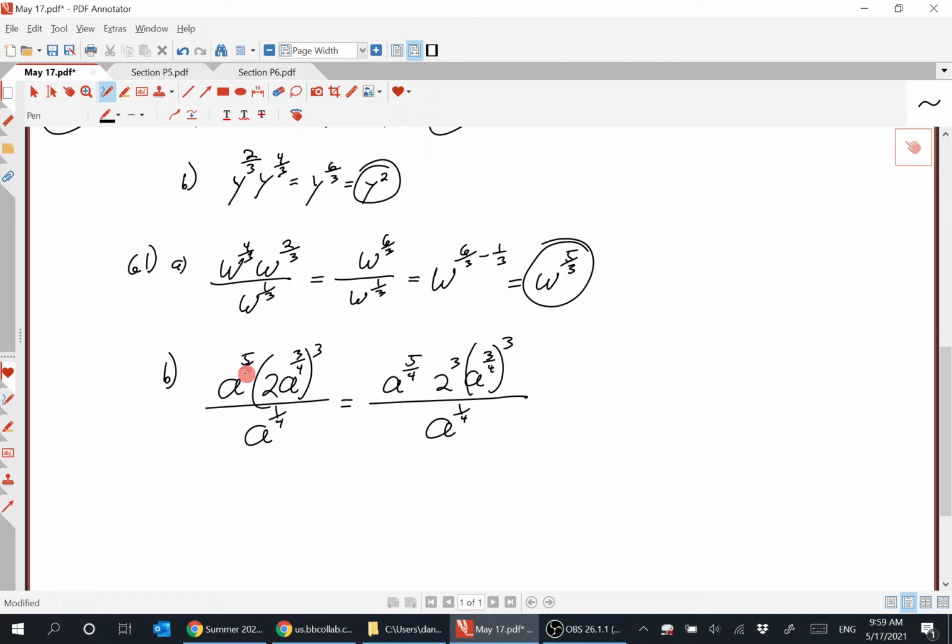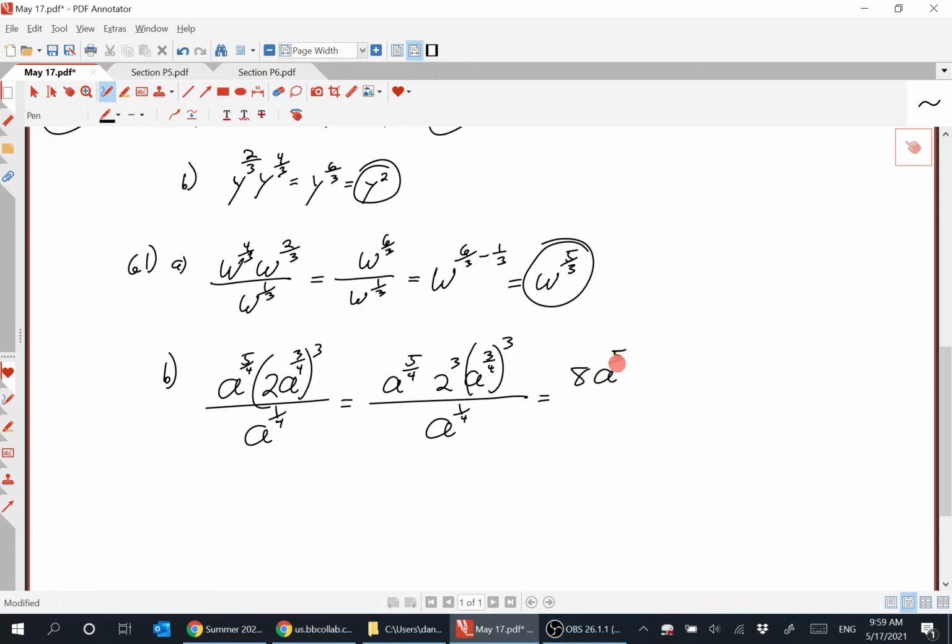We have two expressions multiplied here, 2 to the third, a to the 3/4 to the third. All right, so this becomes a to the 5/4. 2 to the third is 8. Now, because that's a number and doesn't involve the unknown quantity a, it's customary to put the number first. It's clearer that way.